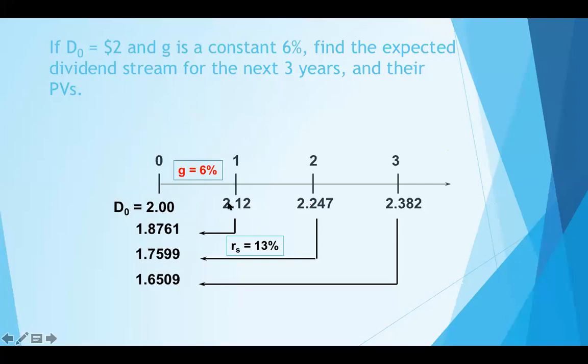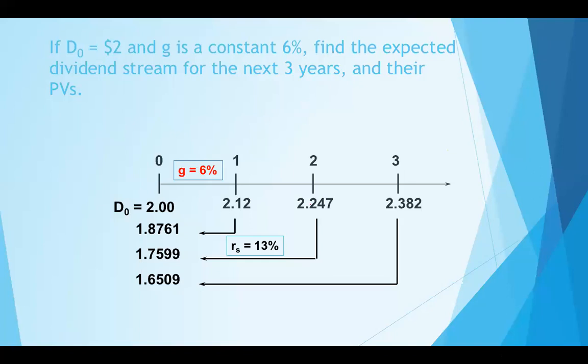So how do we find 2.12? Basically, 2 times 1 plus g, which is 6%.